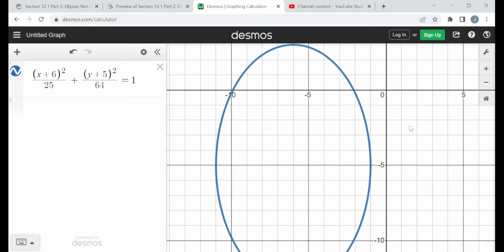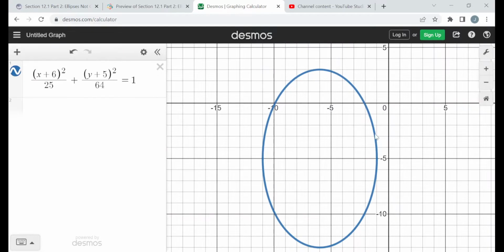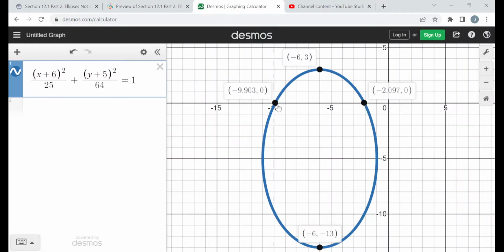And the nice thing about Desmos is you click on the curve or the equation, and it shows these points. You can see the vertices, the tops of hills and bottoms of valleys, so they correspond to the vertices: -6, 3 and -6, -13. You see the x-intercepts, but we don't need those, we weren't asked for those.